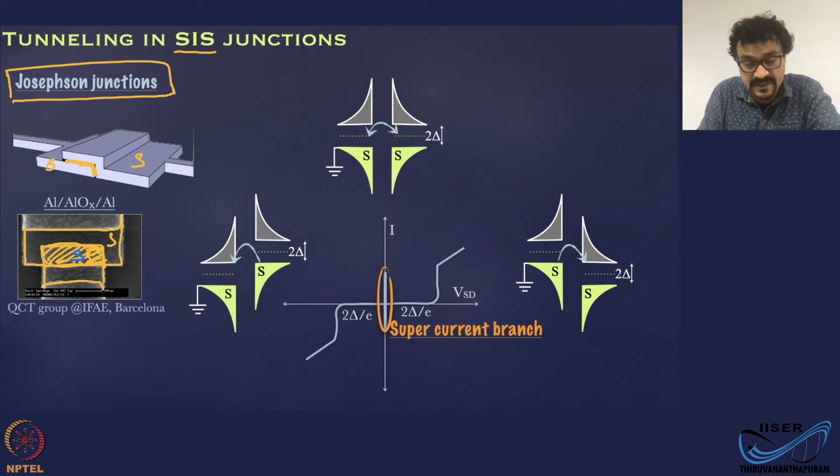But unlike in the normal metal case, that's not going to give you zero current. You will get a net current, which we'll discuss very soon. That is what is represented by this peak here. This is the sketch of the IV characteristics. That is the Josephson effect. We will discuss that in a bit. Just ignore that for the time being.